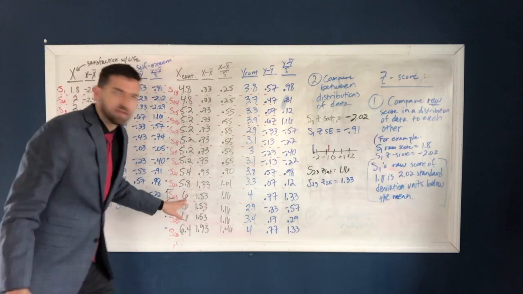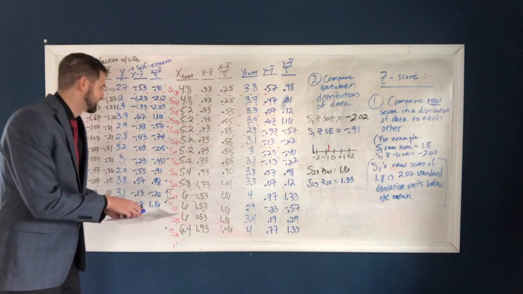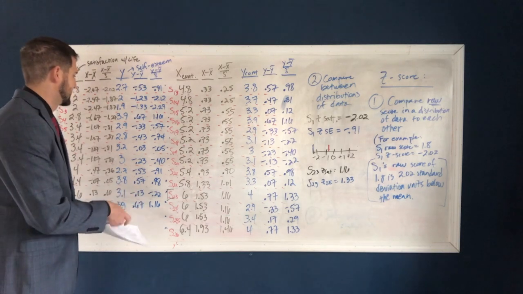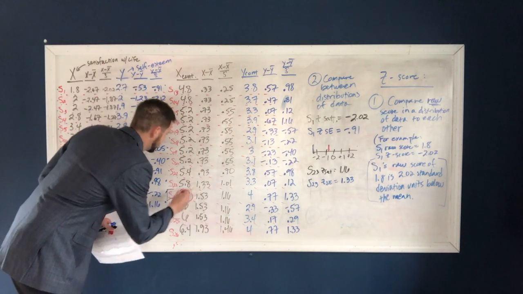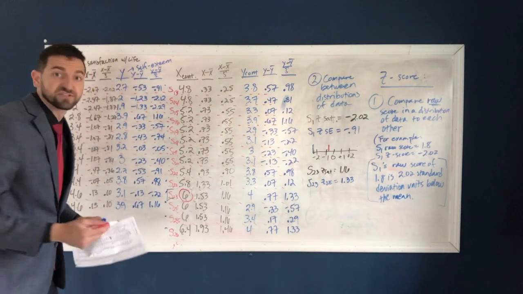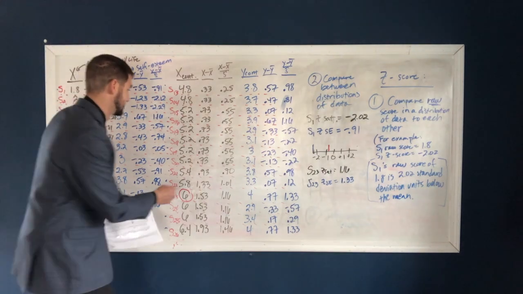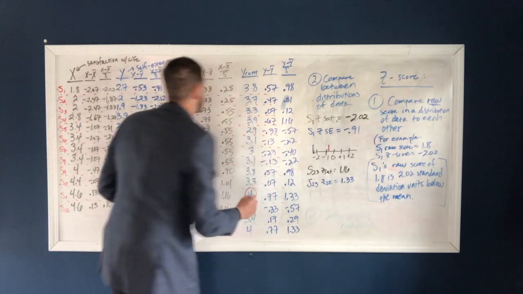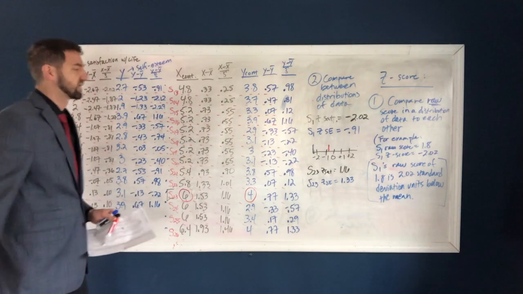So here's the thing. Taking it at face value, we're going to see that their satisfaction with life score is a 6, okay? And their self-esteem score is a 4.